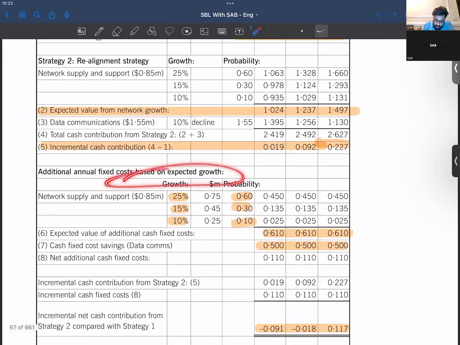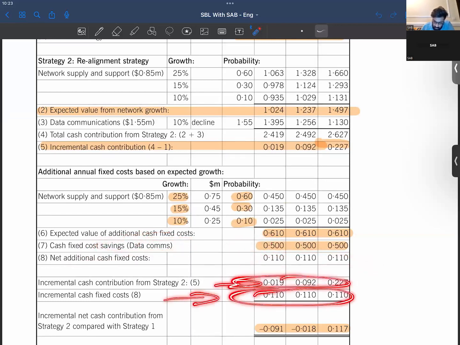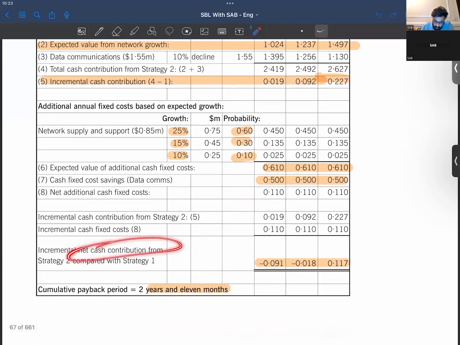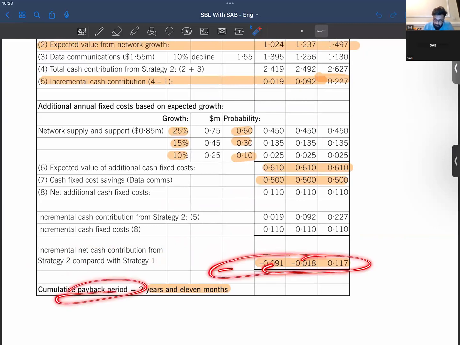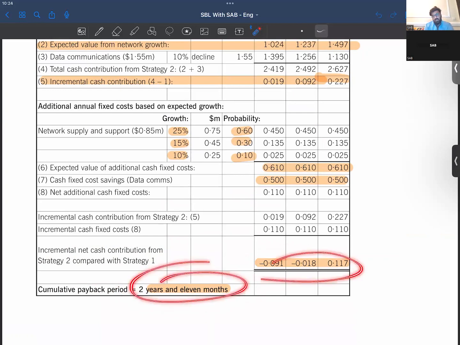Then we have expected growth for the annual fixed cost, so the expected value of the cash fixed cost savings, which was given in the question. Then net additional fixed cost, cash contribution, incremental fixed cost, and the incremental net cash contribution from strategy 2. So here it is, and the cumulative payback period is 2 years and 11 months, right? It's like that.